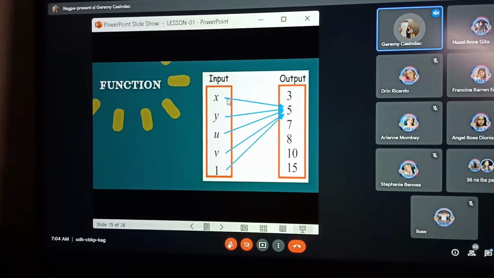Okay? So matatawag lang natin yan na not function if si x is nag-match pa kay 3, si x is nag-match pa kay 7, and also the other input. Okay? Walang problema kung uulit si range. Ang problema is yung kay domain. Okay? Next.